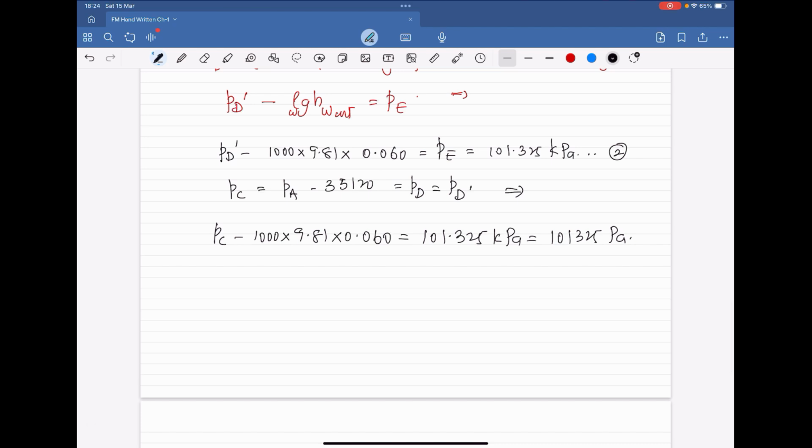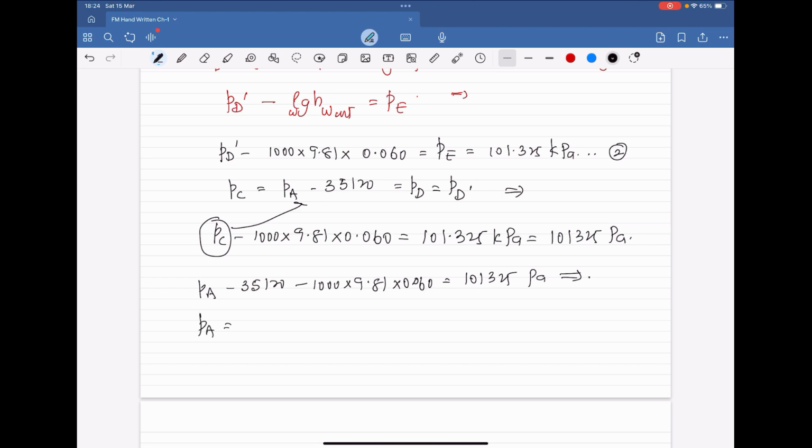Now what happens? PC is nothing but PA minus 35,120, minus 1000 into 9.81 into 0.060 is equal to 101.325 kPa. This is the solution.